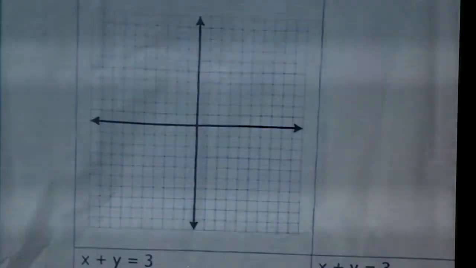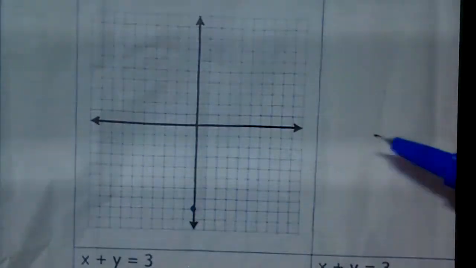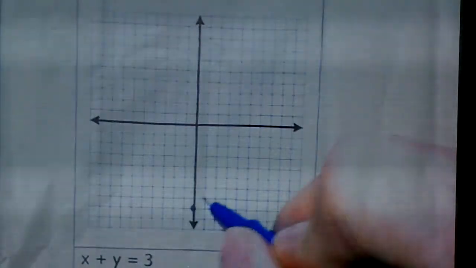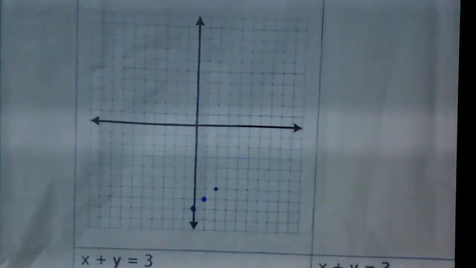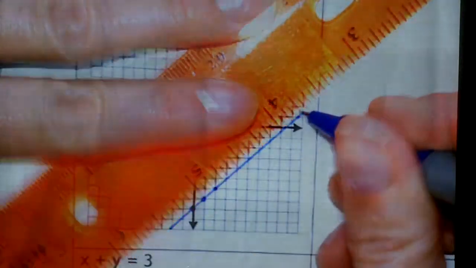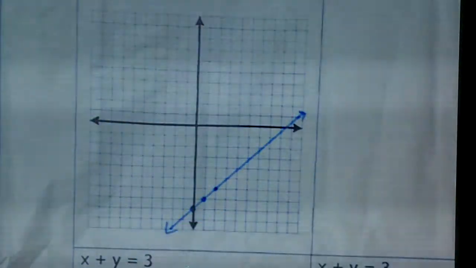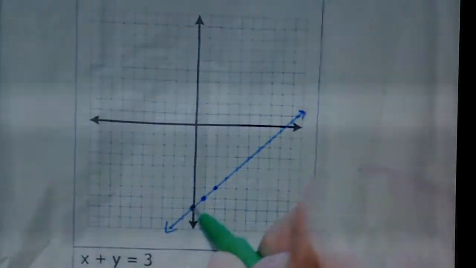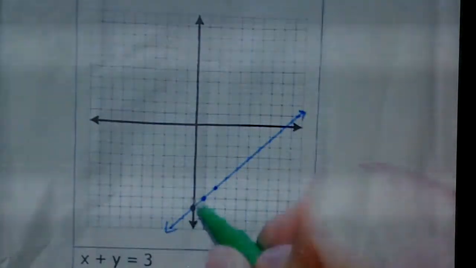Because if I graph my first equation, the y-intercept is negative 8, and my slope is, remember if you just see x, it means 1x, which is 1 over 1. So you go up 1, right 1, up 1, right 1, graph that. And when you go to graph your second equation, lo and behold, the y-intercept is negative 8, the slope is 1, so up 1, right 1, up 1, right 1.